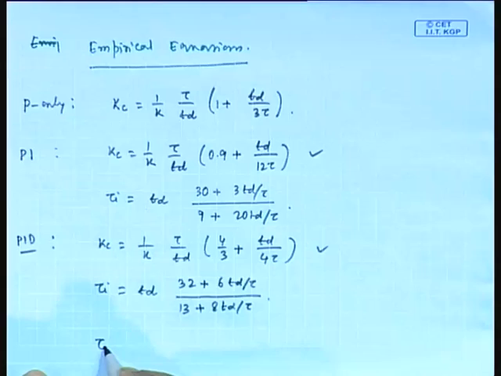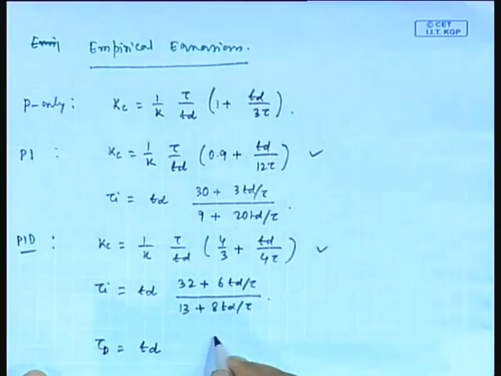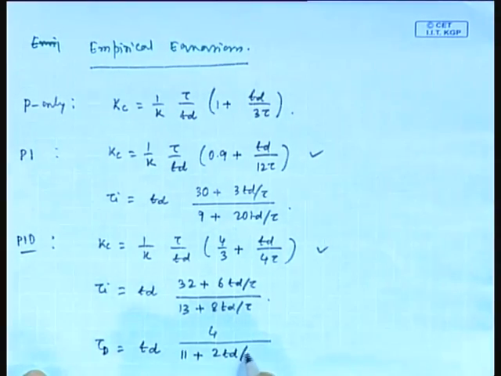And for tau D they got tau D equals Td times 4 divided by (11 plus 2 Td divided by tau). These empirical correlations Cohen and Coon derived by introducing change in load variable.